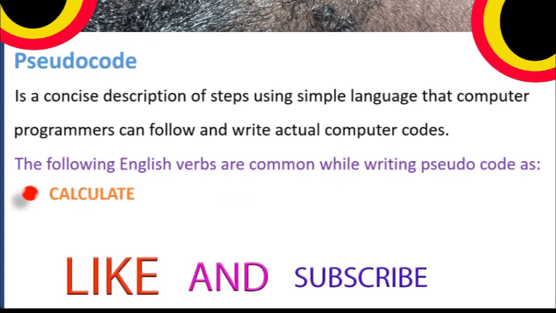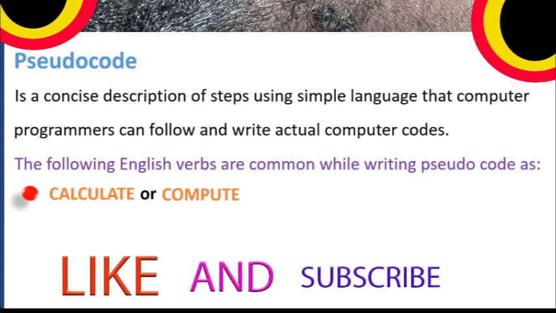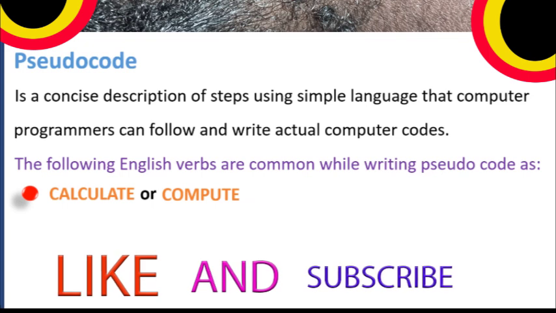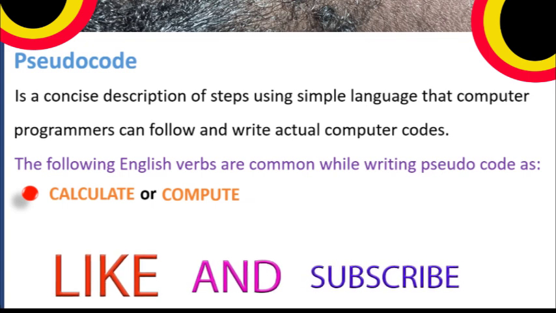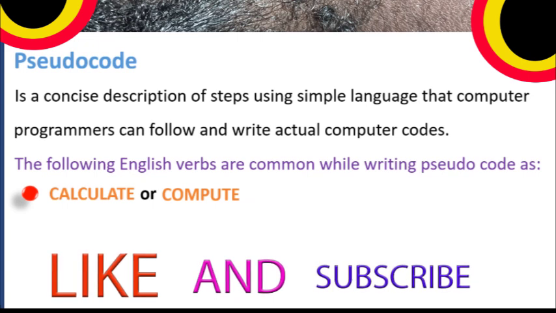Then the other instruction can be calculate or compute. Because once the data has been entered, some type of data will be calculated or computed. There are some computations which don't involve calculations. For instance, data items can be sorted or can be compared for various reasons.